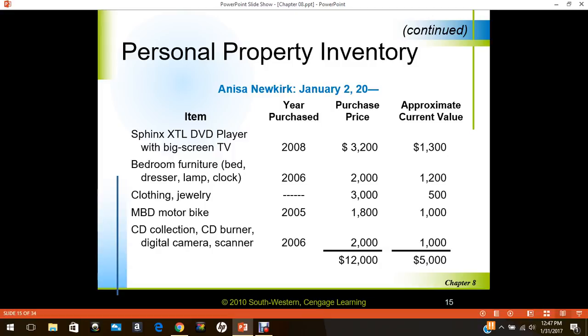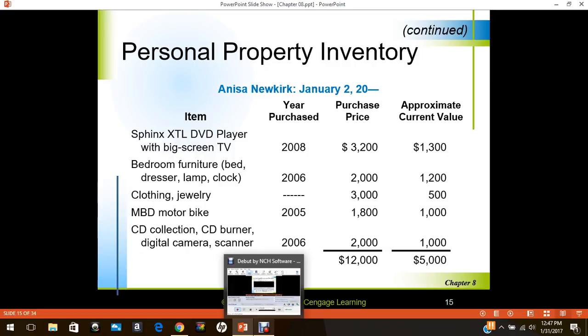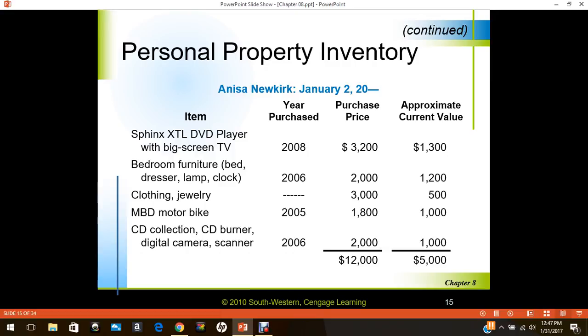If you take a look at Mrs. Newkirk's personal property inventory, notice that she lists each item, the year the purchase was made, how much she paid for the item, and the current value of the item. Again, she would also take pictures of these items and keep them in a safe location so that in the event something happens, she has evidence and proof.